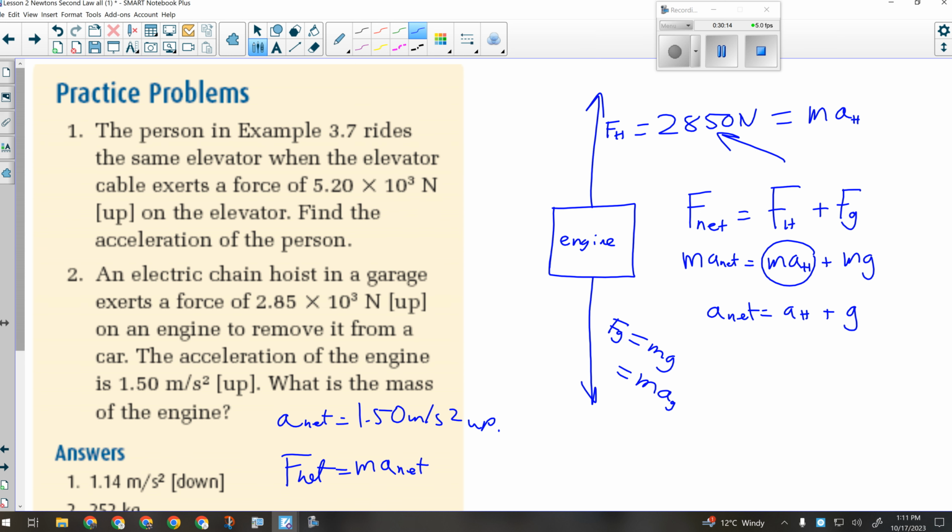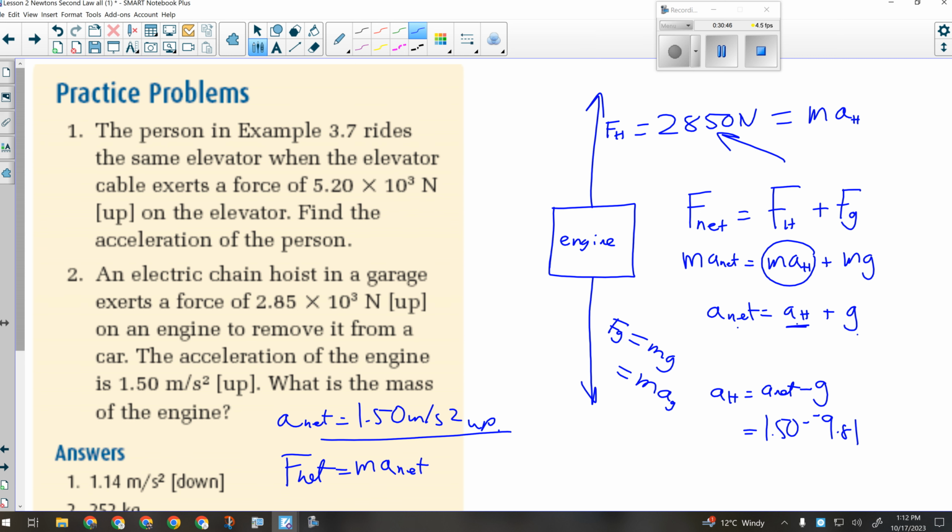So I should be able to calculate what the acceleration of the hoist is, because I do know this number, it's 9.81, and I know this number, the question told me what it was, 1.5. So I'm just going to say a_H equals my net acceleration minus gravity. That'll be 1.50 minus negative 9.81.